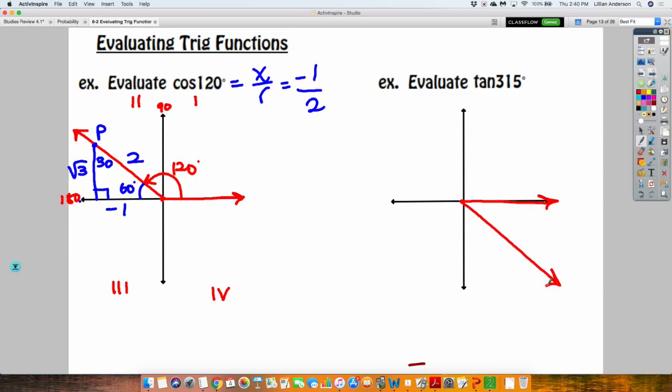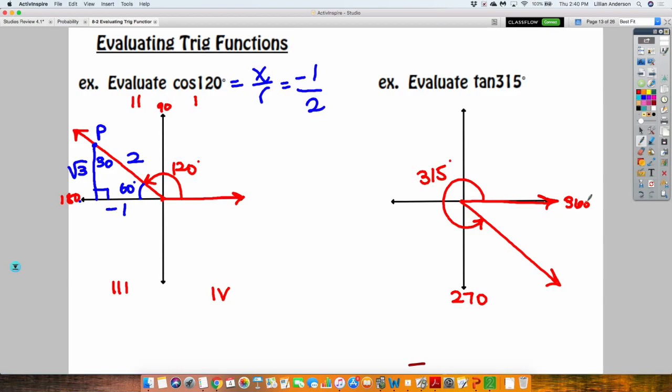Starting at the positive x-axis going counterclockwise, that's 315 degrees, because this here is 270 degrees. So we know it's bigger than 270 but smaller than 360 once we've gone the full circle. Basically, we're taking a circle and breaking it down into quarters. That's where those things came from.